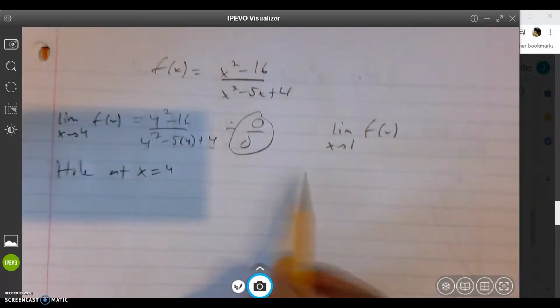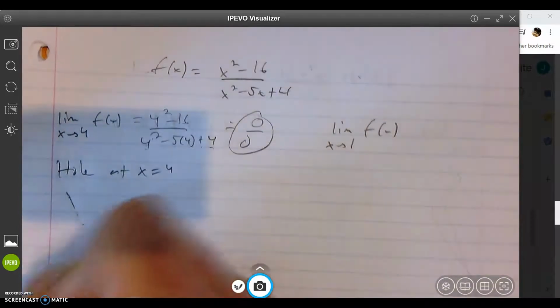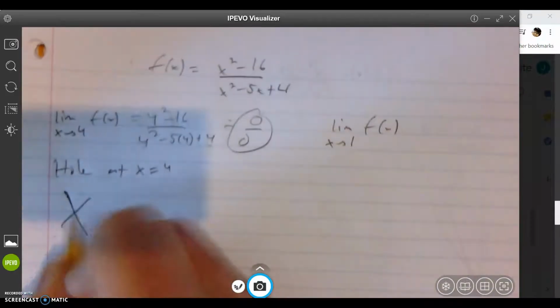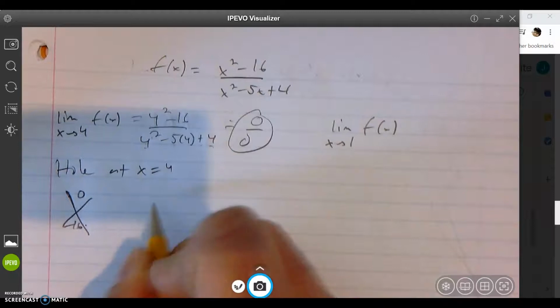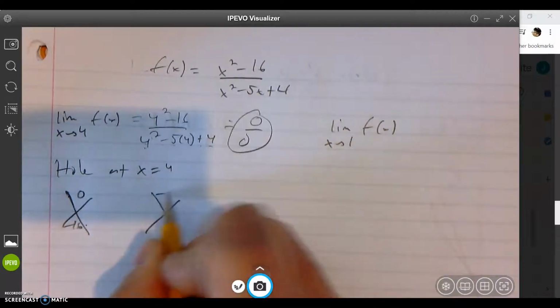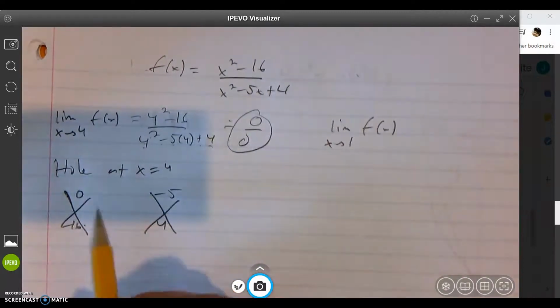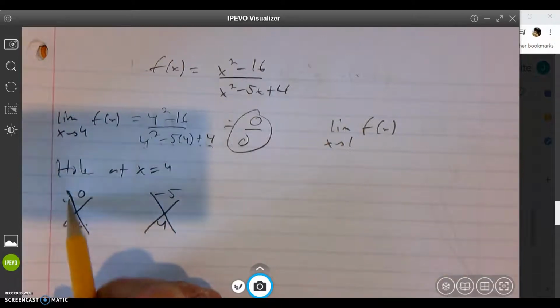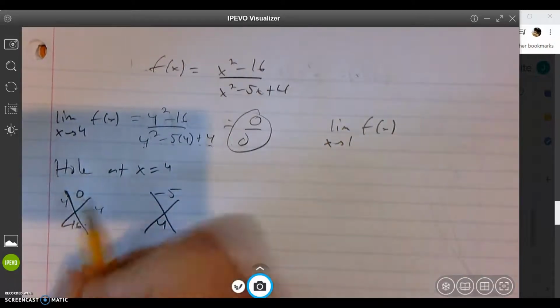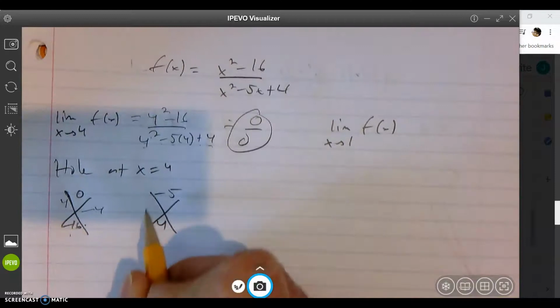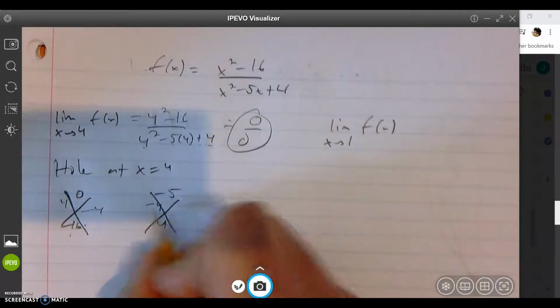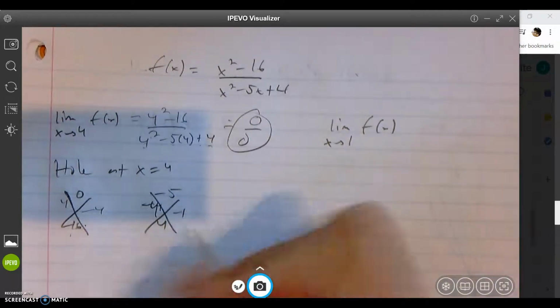But now we have to get the limit, so I have to factor. Factor the numerator: 0 on the top, negative 16 on the bottom, so this is going to be 4 and negative 4. Factor the denominator: negative 5 on the top, and 4 on the bottom. Add up to negative 5 and multiply to 4, so this is going to be negative 4 and negative 1.